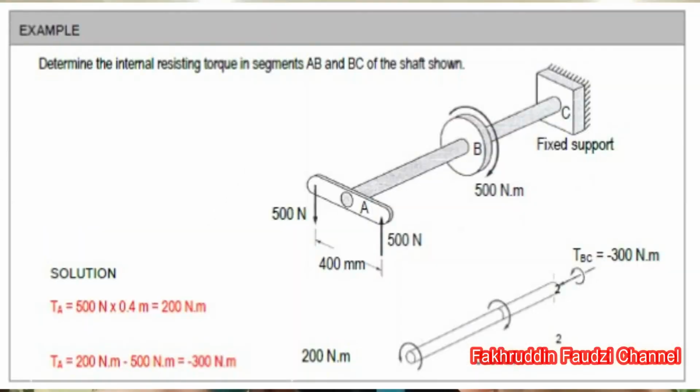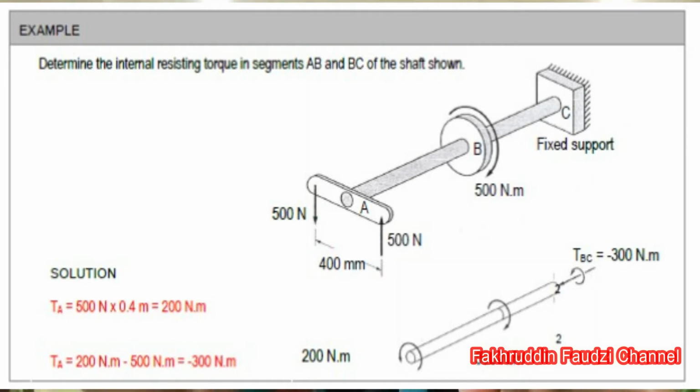Okay, first we have to do the solution. To get TA, TA equals 500 N times 0.4 m, so it is 200 N times meter. And then for TAB, and then for TBC, we get that at point C, the last one, the end.